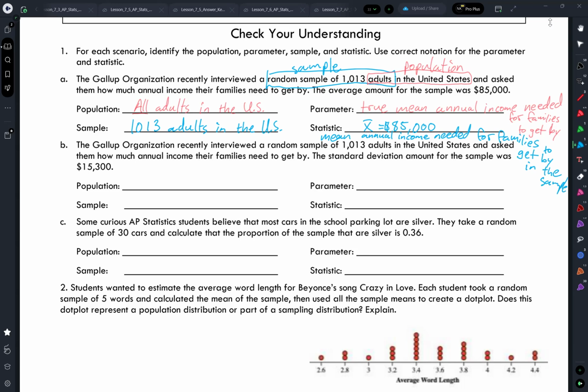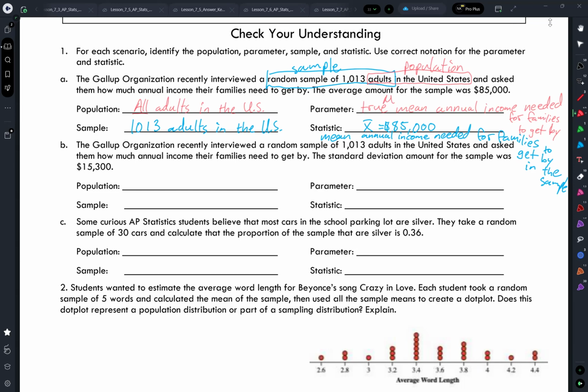I'm gonna be right back for 1 second to check one detail. I forgot to put mu here.